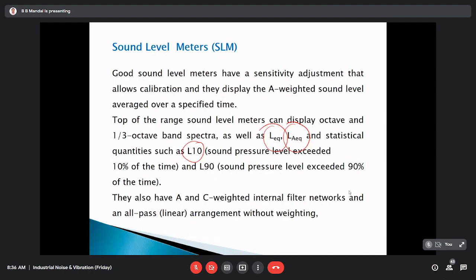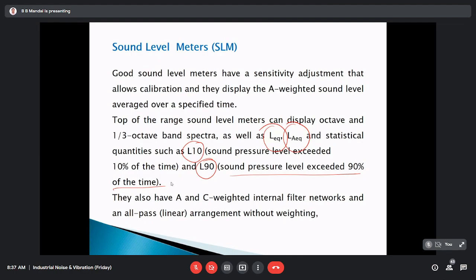There are certain guidelines where the impulsive forces are not to exceed 10% of the time. So you must know L10. It is nothing but the same data used for different purposes for your understanding of the nature of the variation. Also L90, the sound pressure level exceeded 90% of the time. That means there are some minimum criteria and 90% of the time it exceeded. So from there you can understand the nature of the sound.